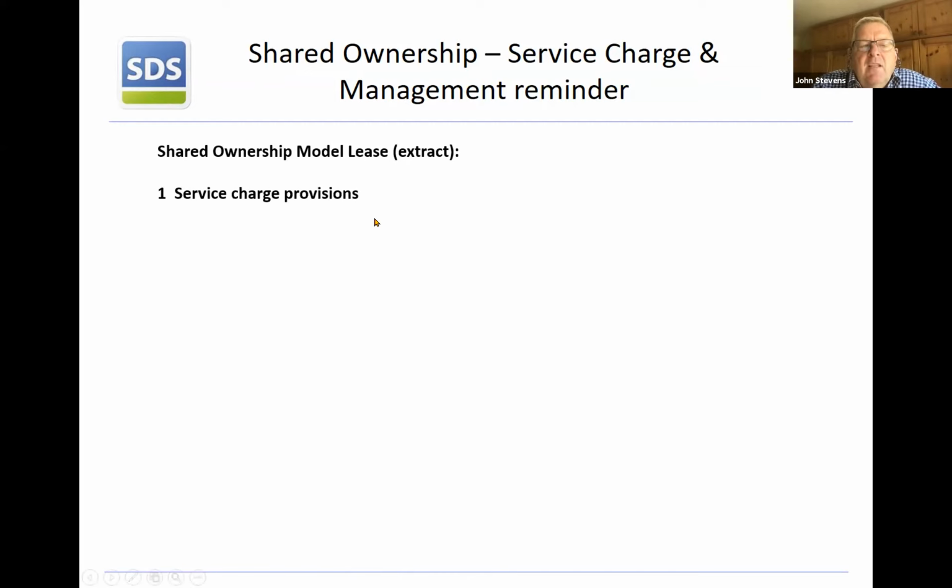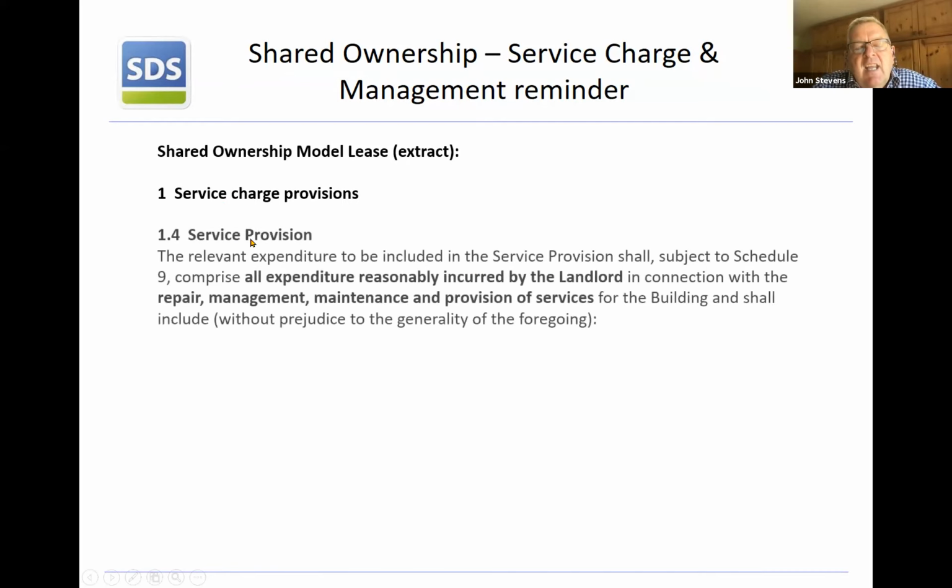It might be something that you're already doing, but it's worthwhile reminding people, I think. It's about the service charge. So we looked at the model lease, and this is an extract from it. What we're pointing out is that management and maintenance costs should be wrapped up in a service charge or a service cost.